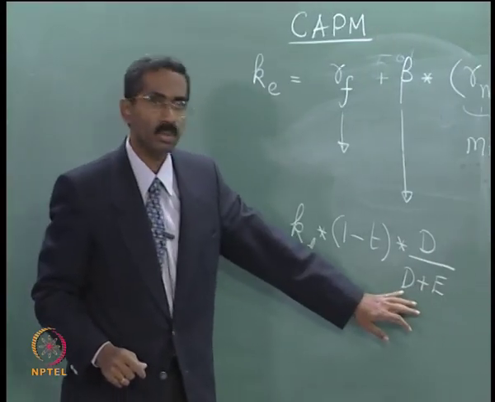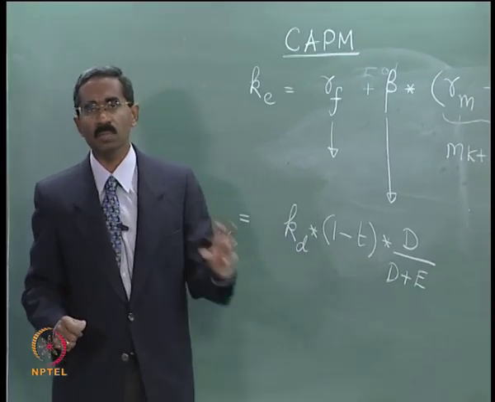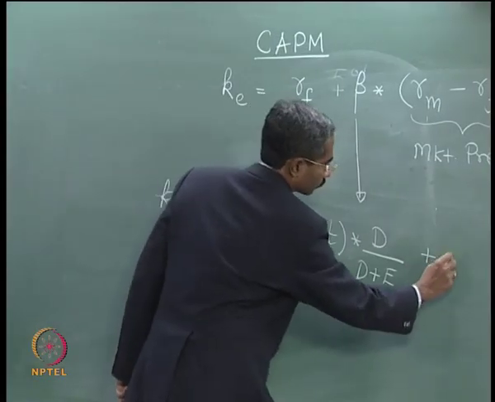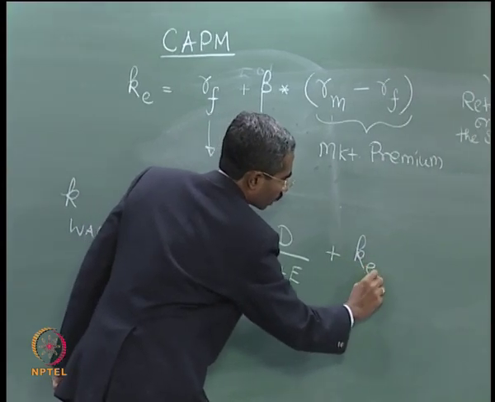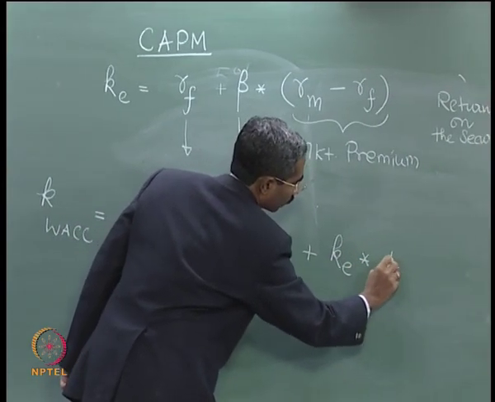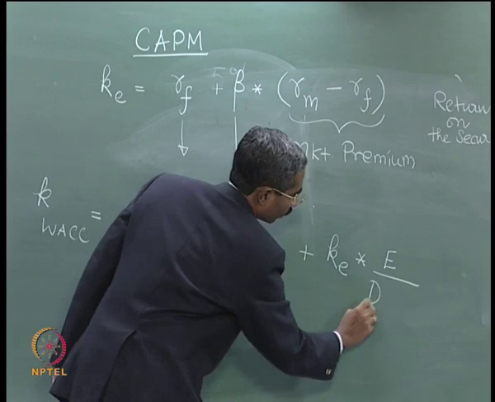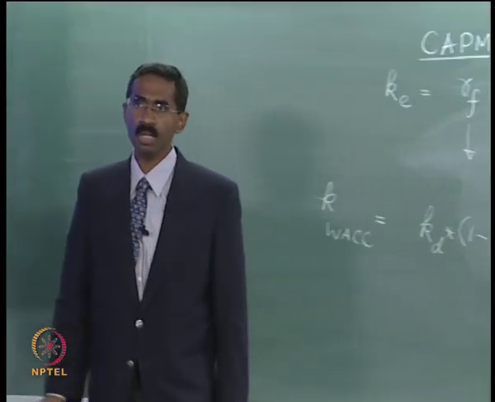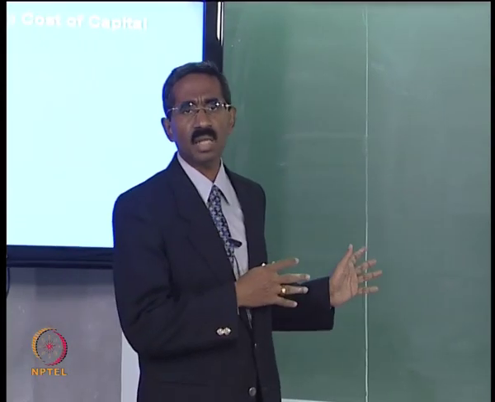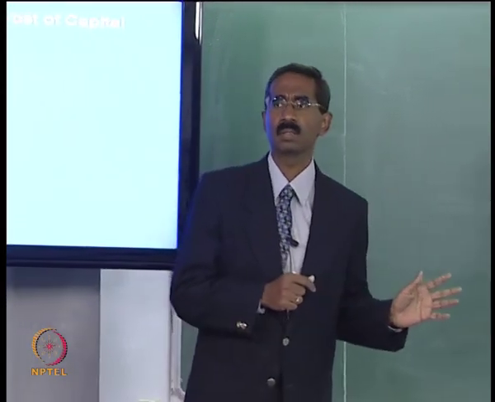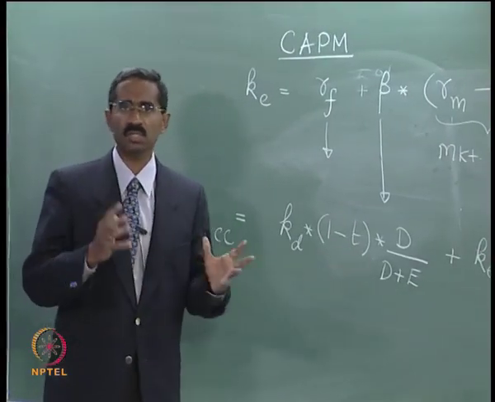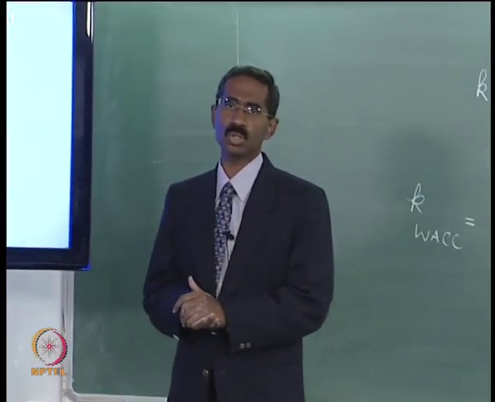So this ratio D by D plus E represents the proportion of debt funding that we use for the project, plus cost of equity multiplied by the proportion of equity funding that we use for the project. In essence, this is nothing but a weighted average cost of both debt and equity, that is simply the weighted average cost of capital.